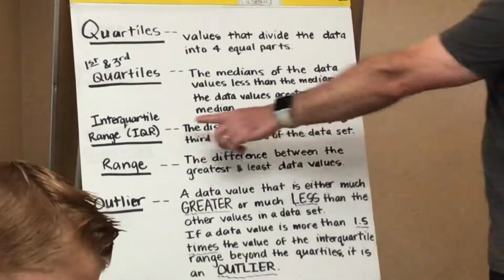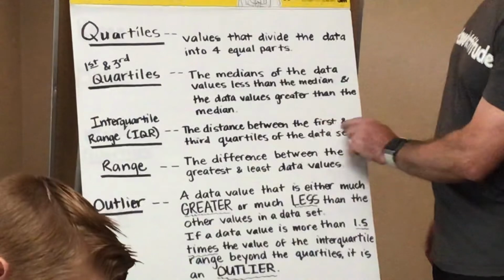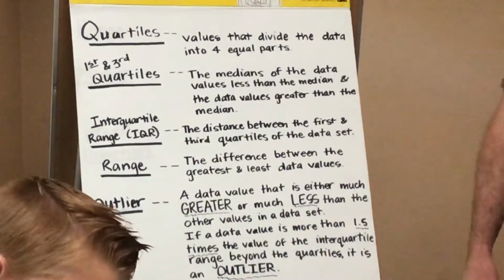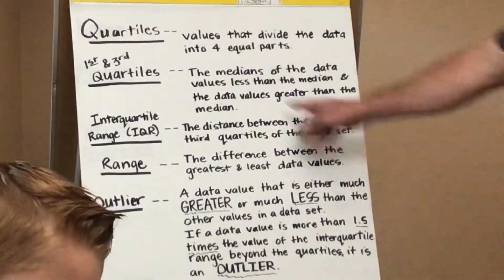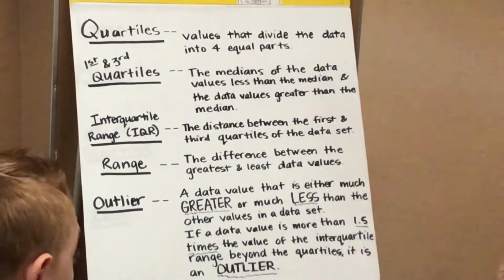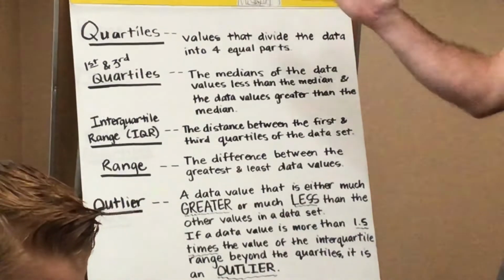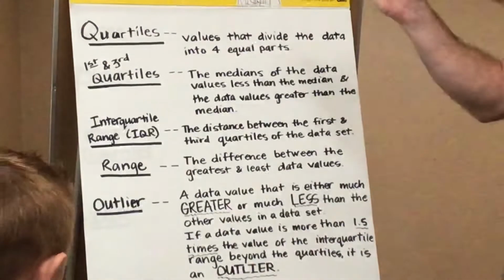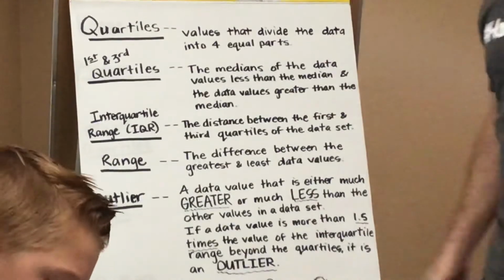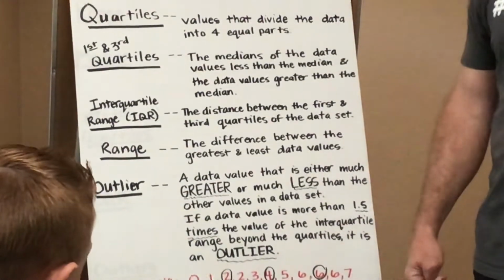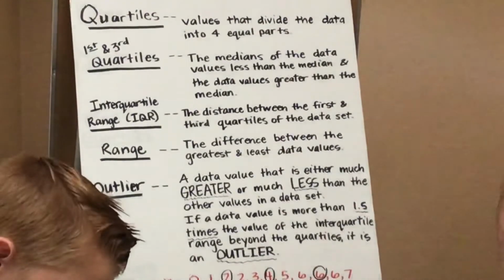So the interquartile range is the distance between the first and the third quartiles of the data set. So when we're able to find the first and the third quartiles, which is the middle of the first half and the middle of the second half, we want to know how far it is between those 2 quartiles. That's the interquartile range. The distance between the first quartile and the third quartile.